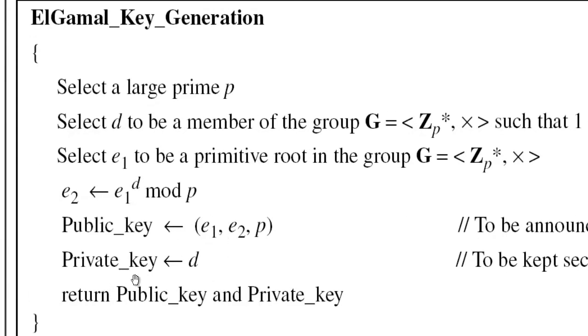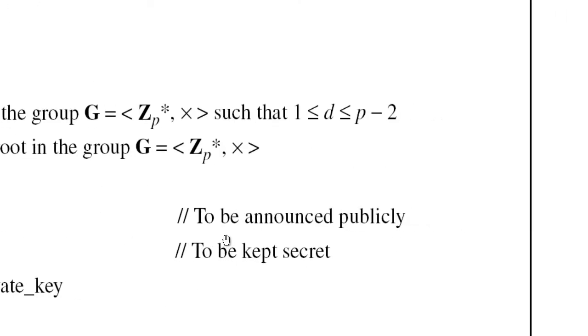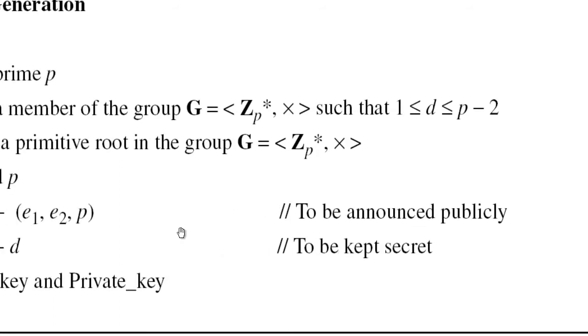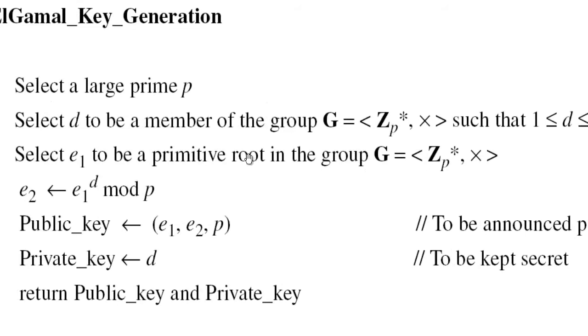Now D is kept as the private key, and E1, E2, P are the public key. We need to announce the public key to everyone, whereas D should be kept secret. So D is a member of the group and E1 is a primitive root, from which it generates E2, to which you can send the particular message.